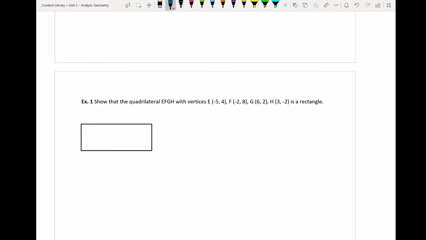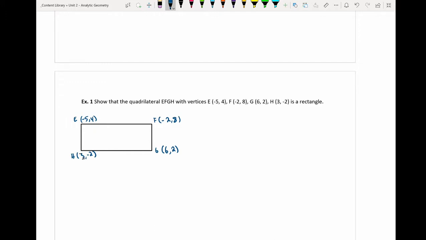So if I'm going to label them, I'm going to put E over here. E was (-5, 4), F is (-2, 8), G is (6, 2), and H is (3, -2).